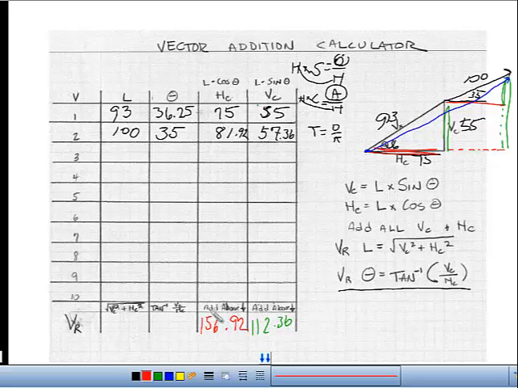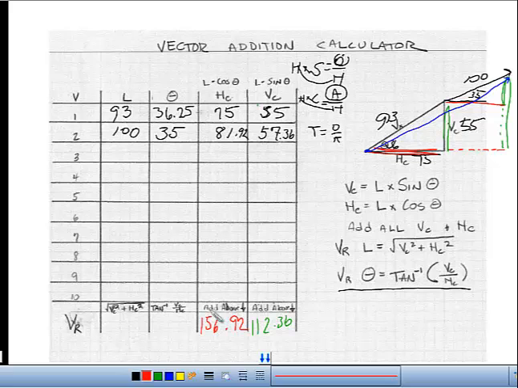So to find the resultant vector, we're going to do Pythagorean, going to take the square root of 156.92 squared plus 112.36 squared, and we'll come up with about 192.999.